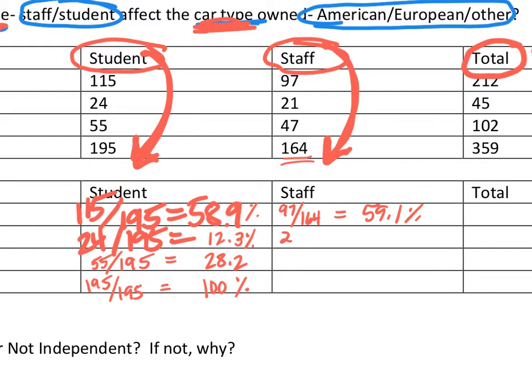Next is 21 over 164, and that's your 12.8%. And then we have 47 over 164, which is 28.7%. And then, of course, there's our total, 164 over 164, so these are going to be 100% down here on the bottom.